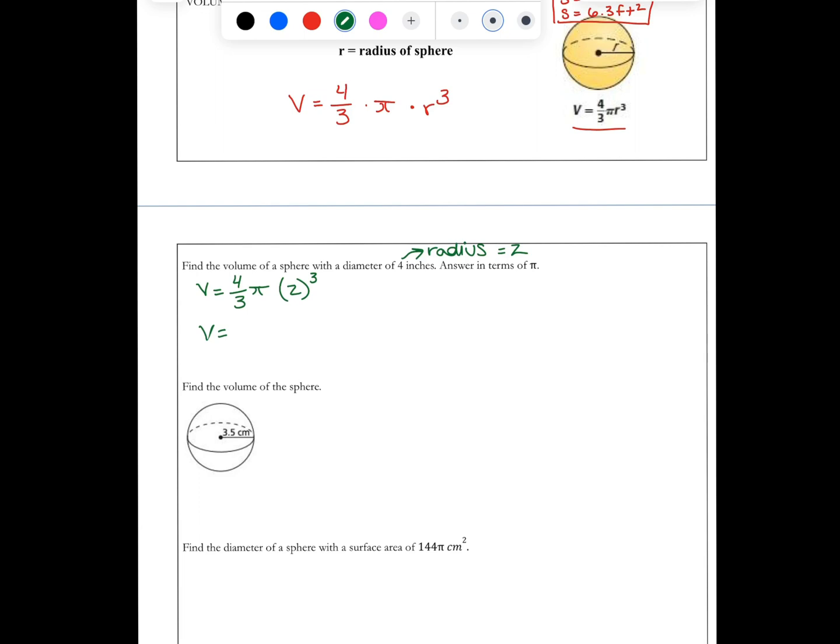If you put that into your calculator, 2 to the power of 3, and then multiply by 4/3 because we need to leave pi in our answer, that would give us 32/3 times pi. And we were using inches, so we will be doing inches cubed for volume. So that is our answer in terms of pi for the volume of the sphere.